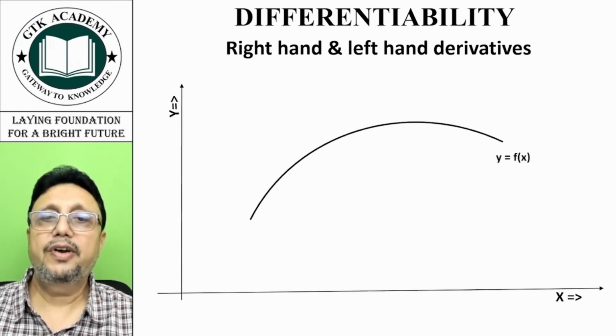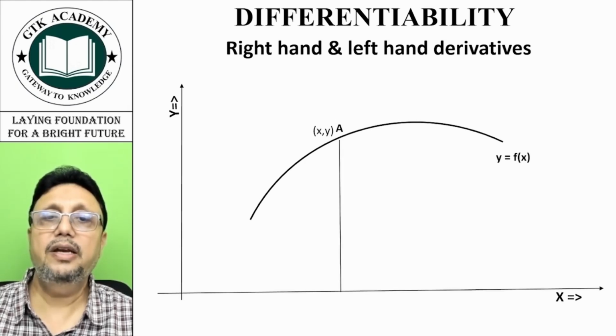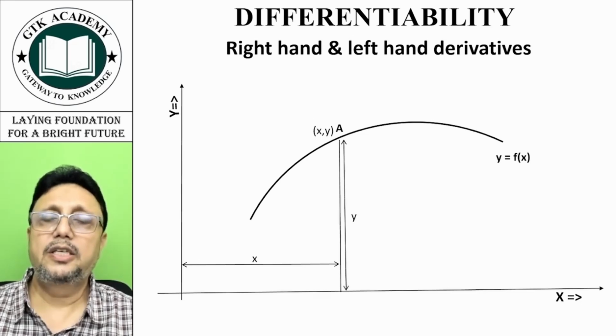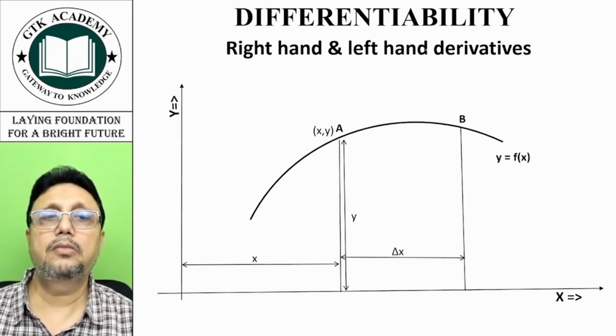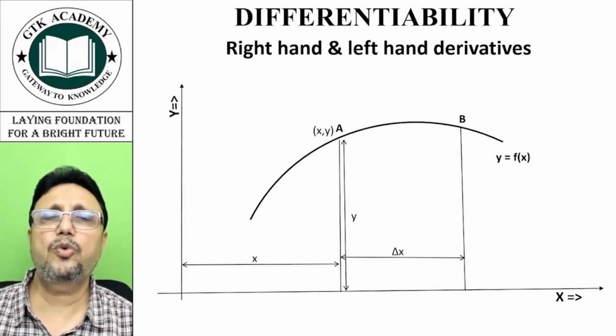If this is y is equal to f(x), we take a point A on the function. The coordinates of A are (x, y). This is x and this is y. Similar to what we did in our previous video for finding dy by dx, we move a bit ahead in the x-axis direction, that is delta x, and reach a point B. This is delta x. Although I have shown B at a distance, it is quite close.